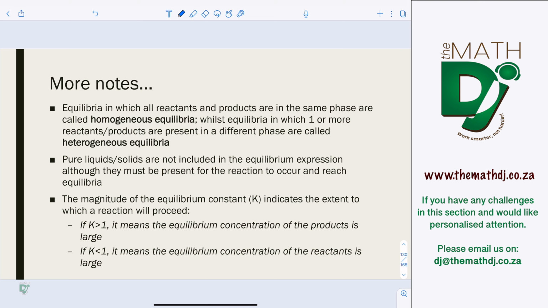More notes. Equilibria in which all reactants and products are in the same phase are called homogeneous equilibria, whilst equilibria in which one or more of the reactants are present in different phases are called heterogeneous equilibria. Homogeneous means we are in the same phase, which means all the products and the reactants are gases or all are solids.